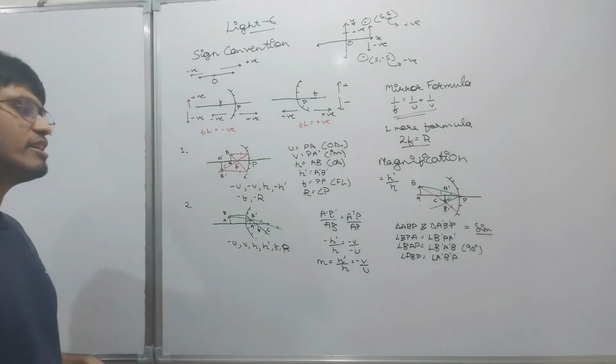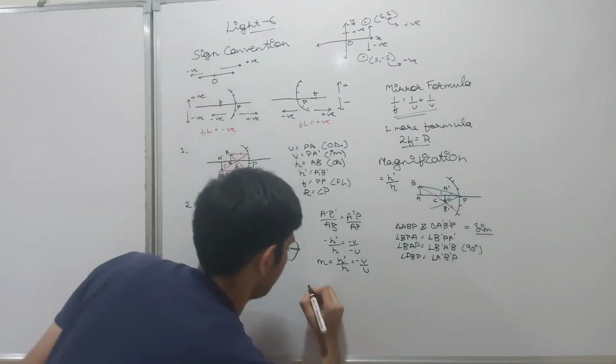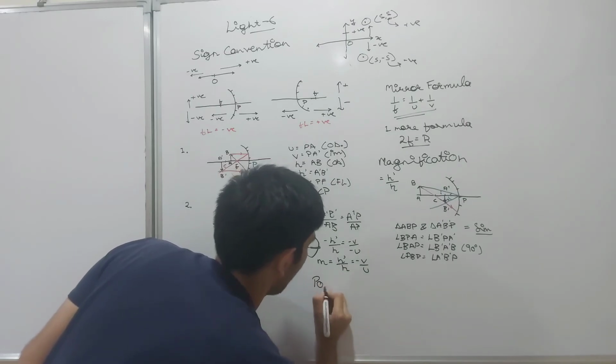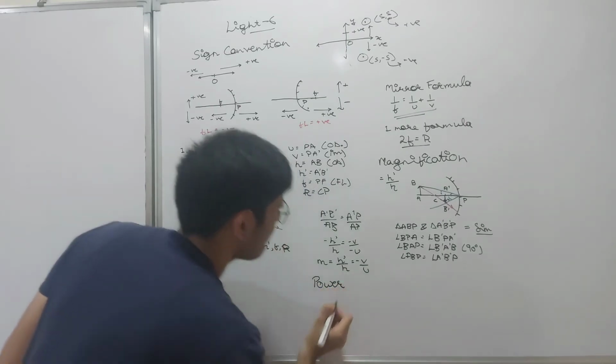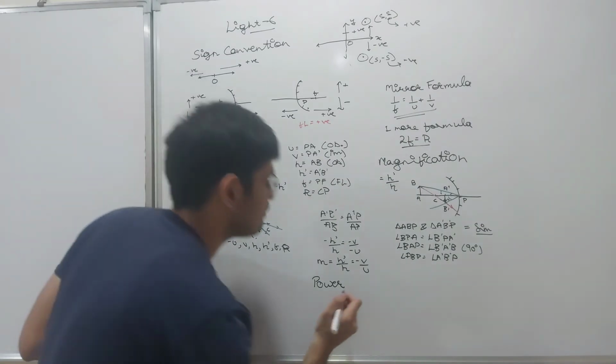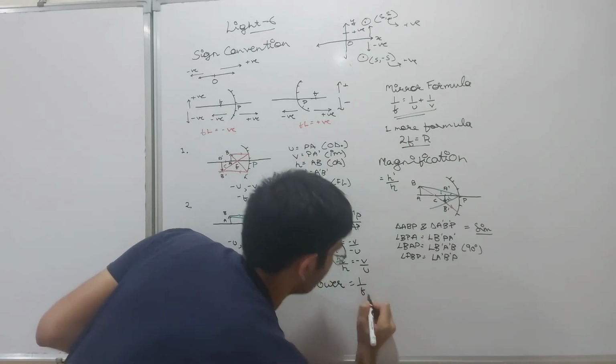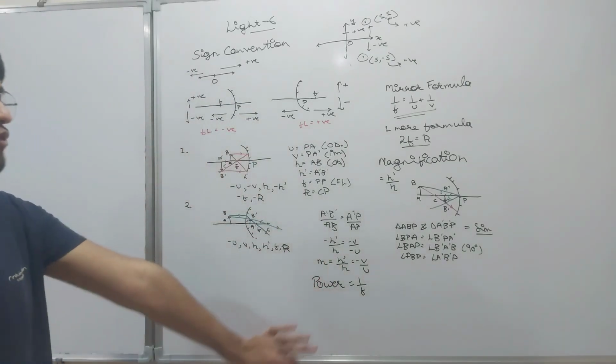Now, the last term of the day that you have to take care of is power. Power can be easily shown as 1 by focal length. This is the basic formula of power.